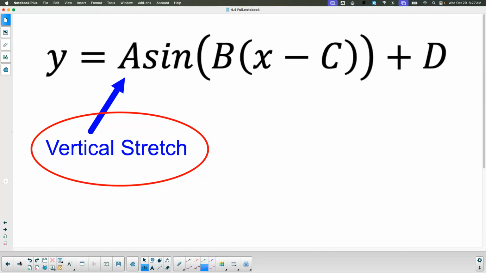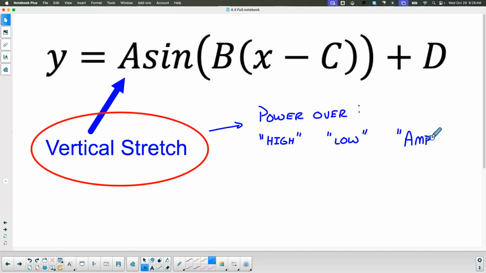What the A value does is it affects, if you will, or has power over the high, the low, the amplitude, and the orientation.